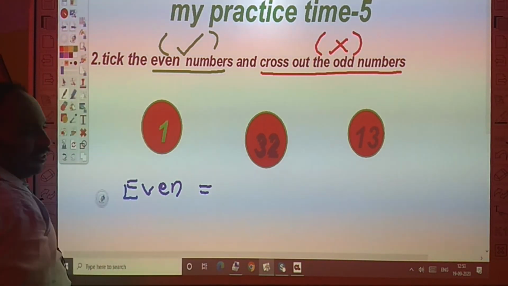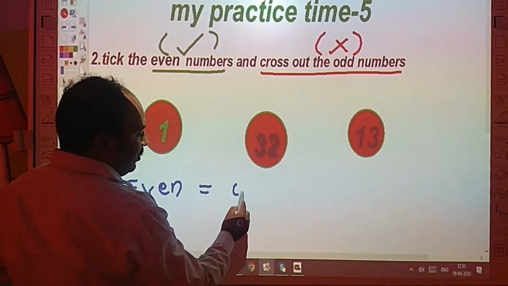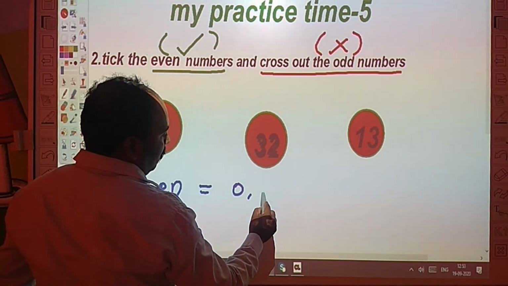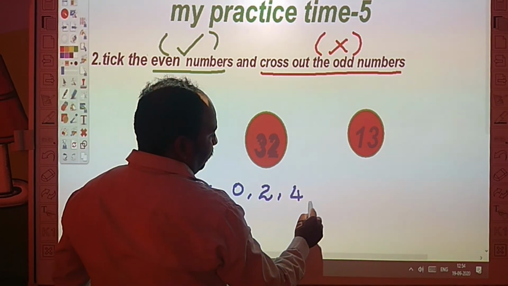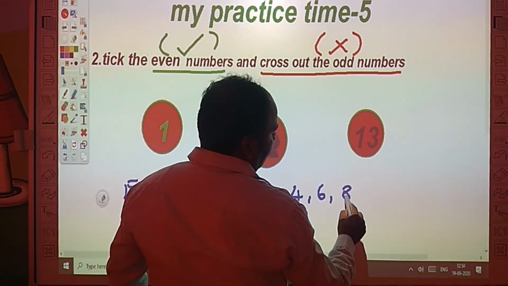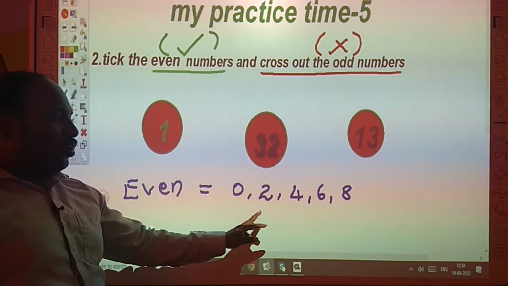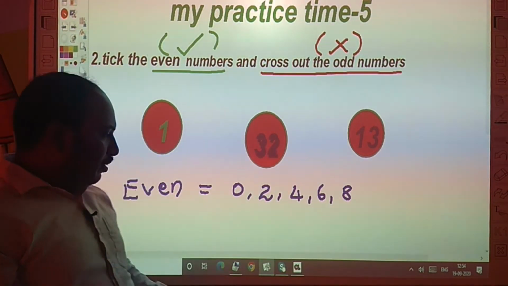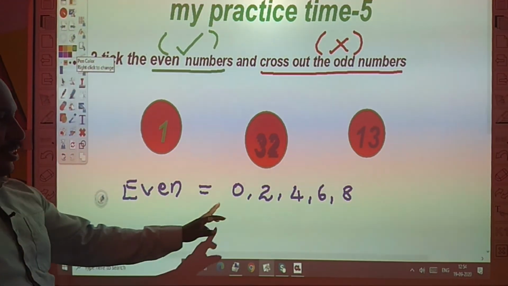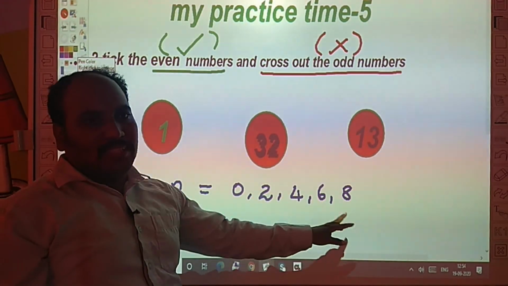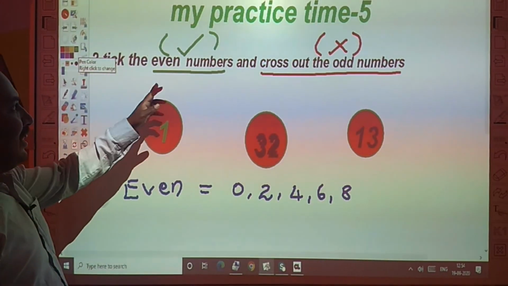Even numbers means the last digit is 0, 2, 4, 6, 8. That is called the even numbers.